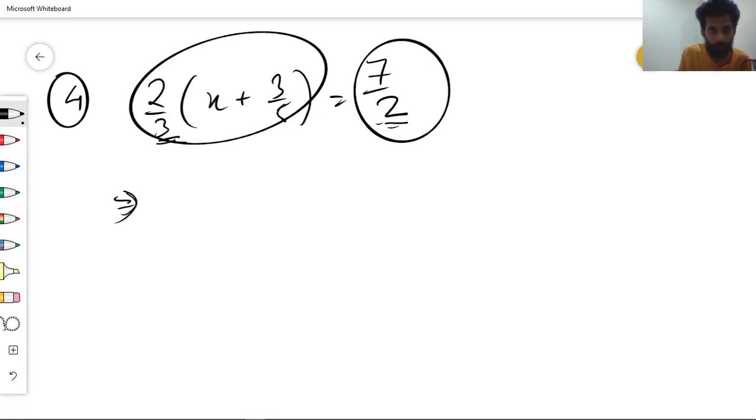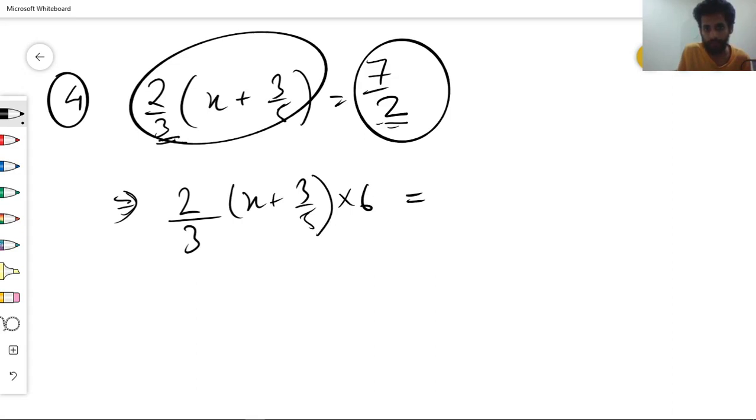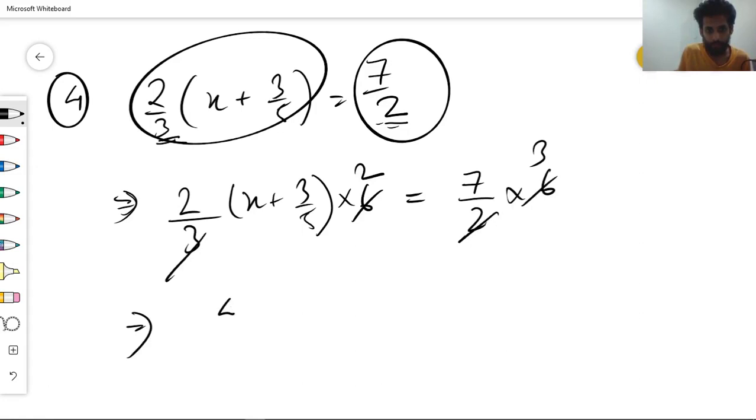The LCM will be 6. So we will multiply everything with 6. (2 by 3)(x plus 3 by 5) into 6 is equal to 7 by 2 into 6. So 3 2s are 6, 2 3s are 6, then 2 2s are 4, 4 (x plus 3 by 5) is equal to 21.